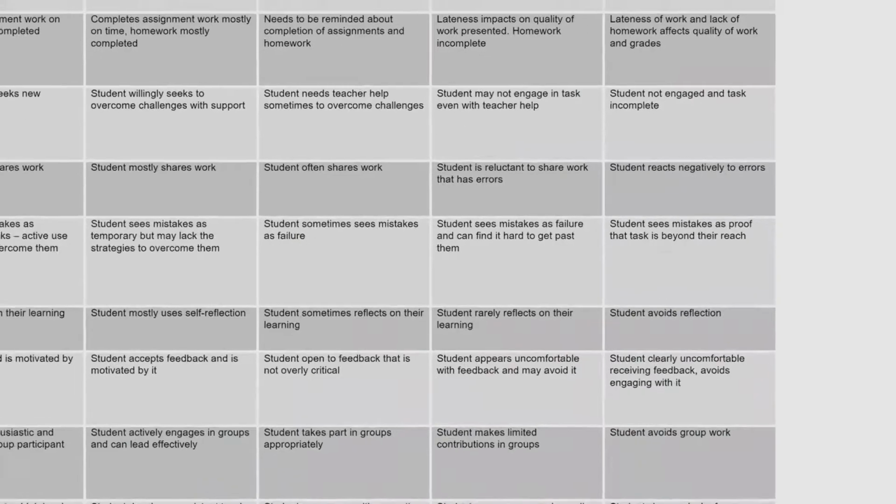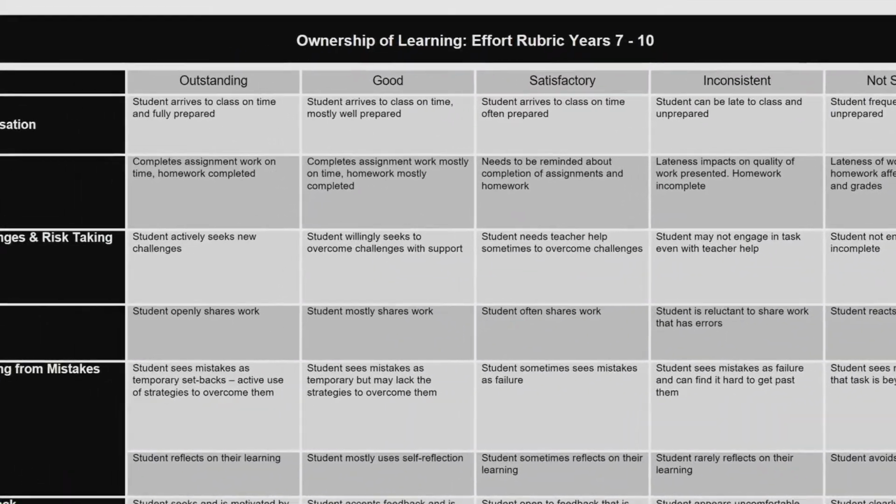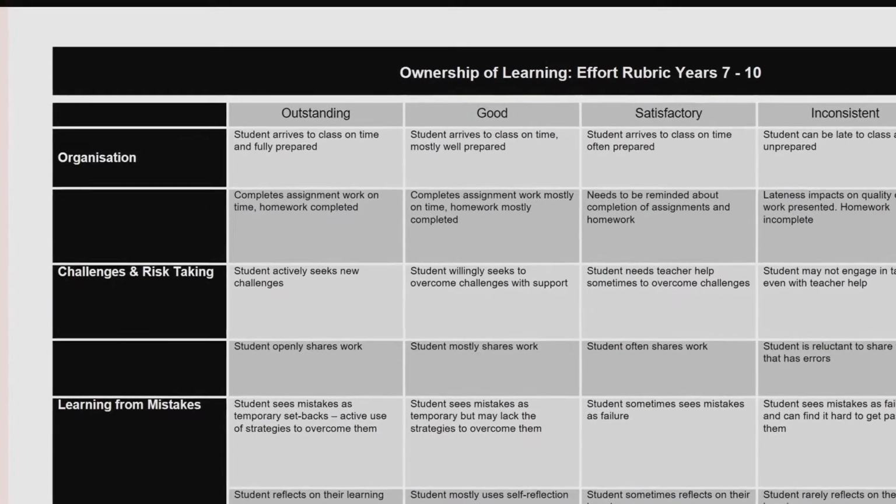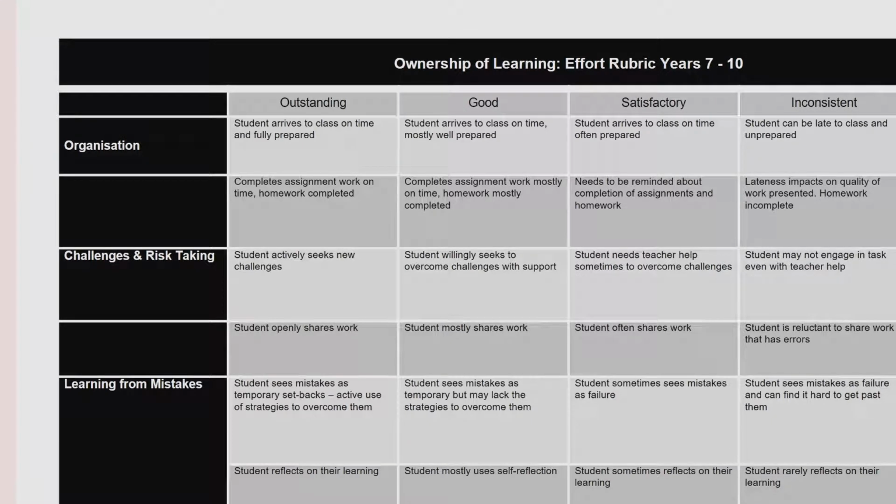Very small here, but just zoom into some parts of it. Now we'll talk about the conversation that's been posed about this rubric. Now we're using it in a slightly different way, but I was asked to use this rubric to guide my judgment of these students in terms of their effort and their ownership of learning.